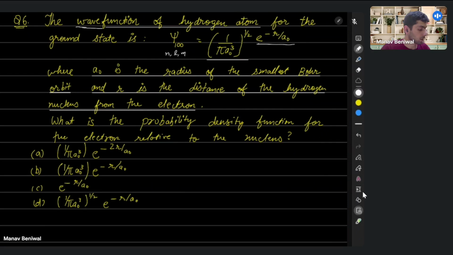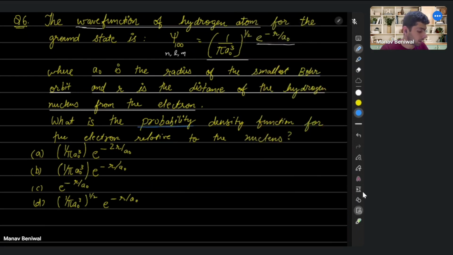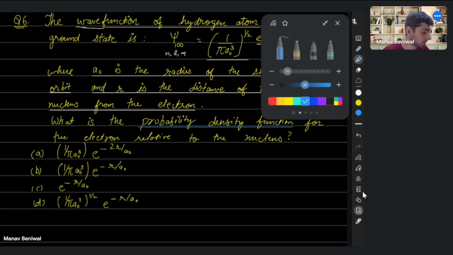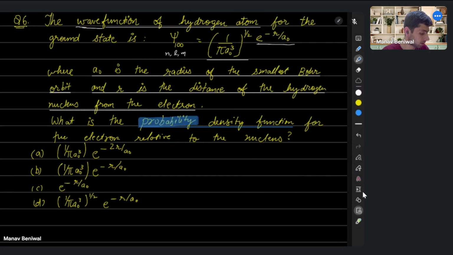Now what we are asked is to find the probability density function for the electron relative to the nucleus. So this is what we want to find out.